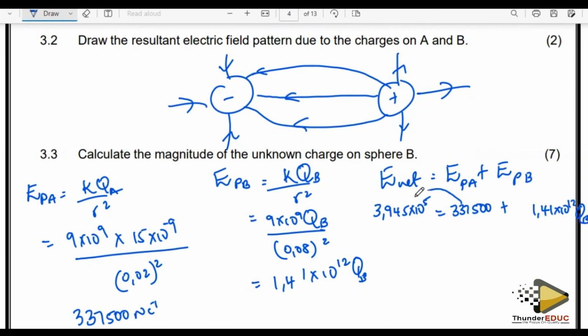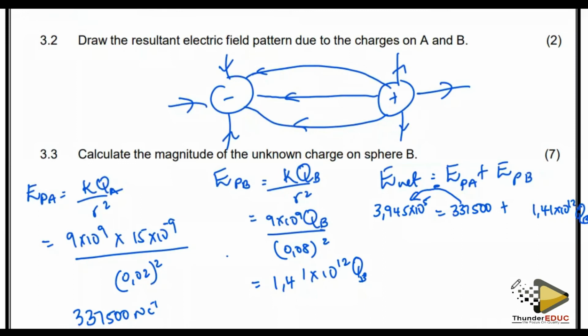So I need to take this aside using subtraction. When I do that, I have 3.943 times 10 to the 5 minus 337,500, which gives me 5,000, equals 1.41 times 10 to the 12 QB.